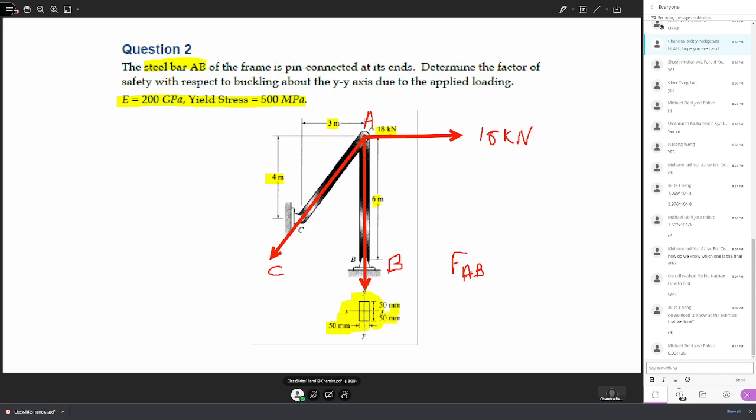Okay, so from this triangle you can see this is the angle theta. So from here you can write, what will be sine theta?